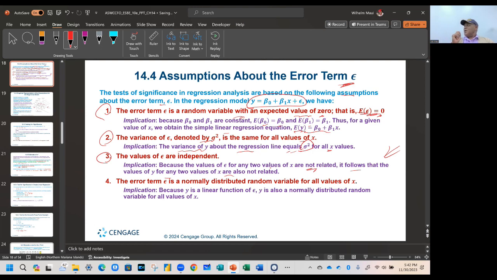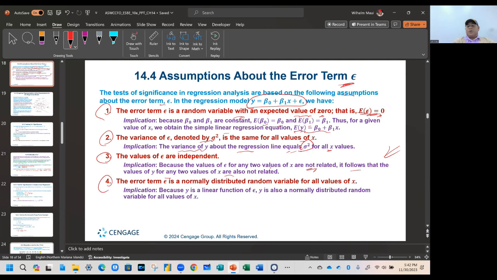So if you ensure that the selection of the sample is random, then the values associated with your x and your y themselves are going to be random, and that's the importance of that assumption, that they're independent.